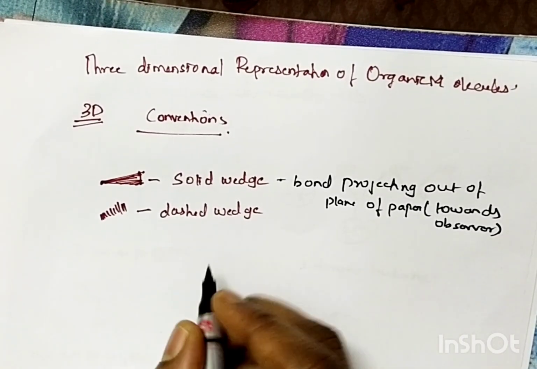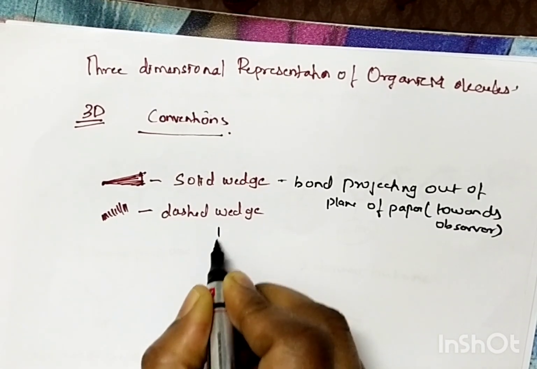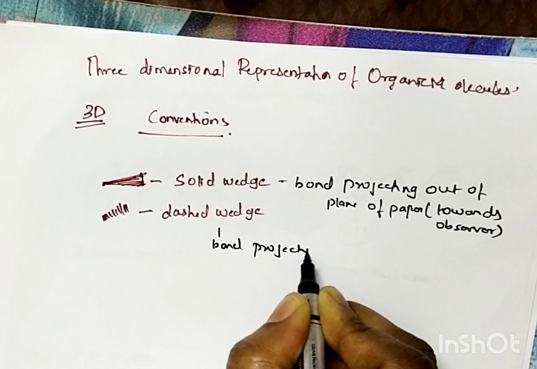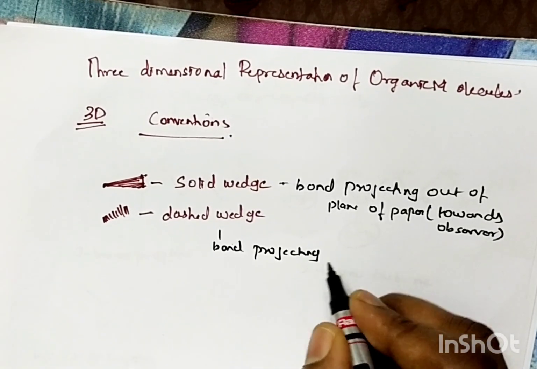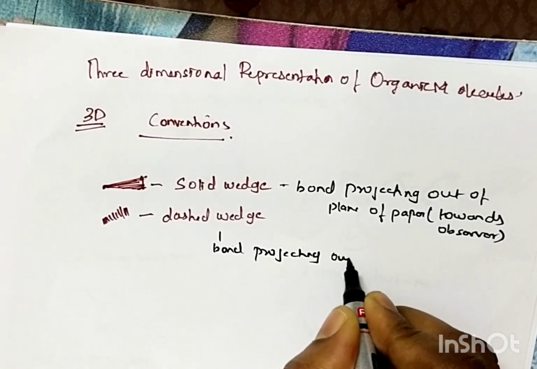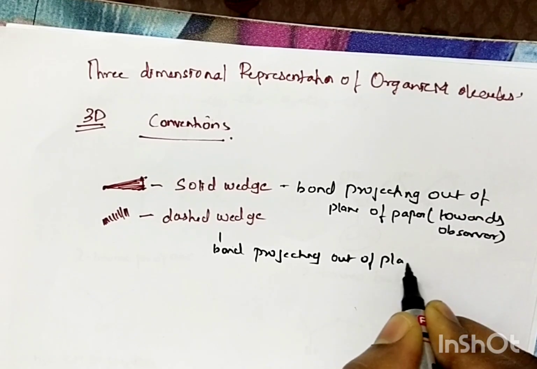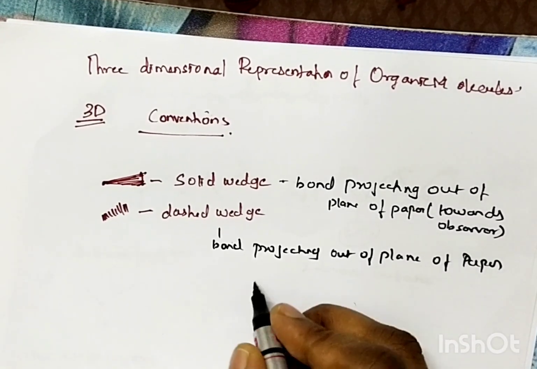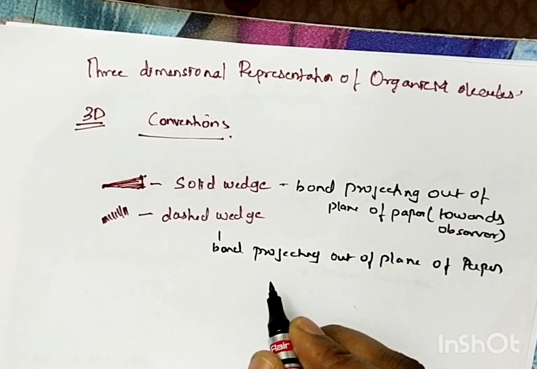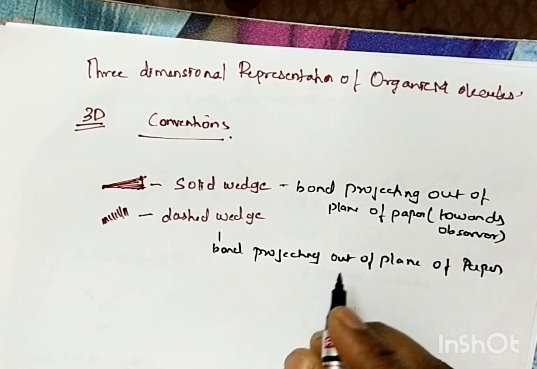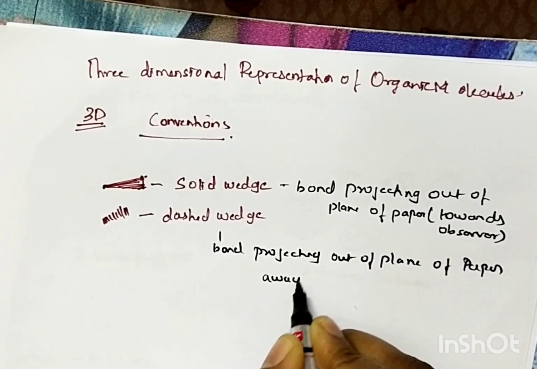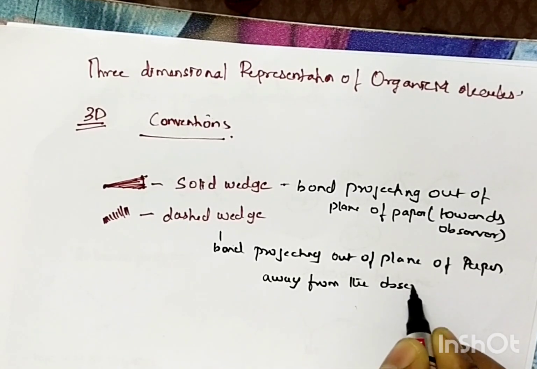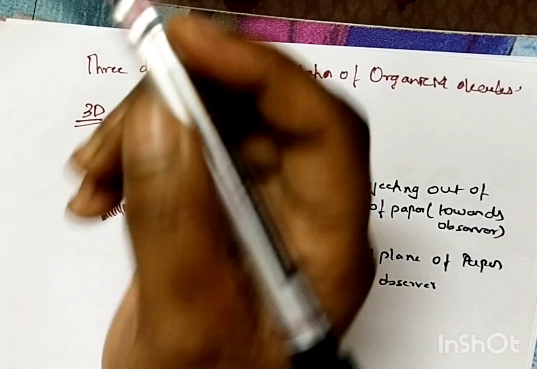This dashed wedge tells that the bond is projecting out of the plane of the paper, projecting away from the observer, that means back.